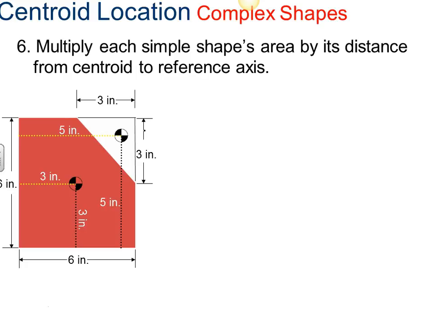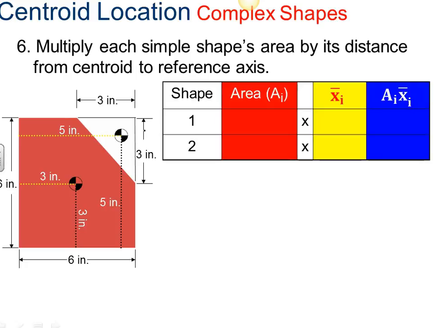Then we're going to multiply each simple shape's area by the distance from its centroid to the reference axis. So the area of shape number 1, the square, is 36 square inches, times 3 inches, which is this axis right here. That's going to give 108 cubic inches.